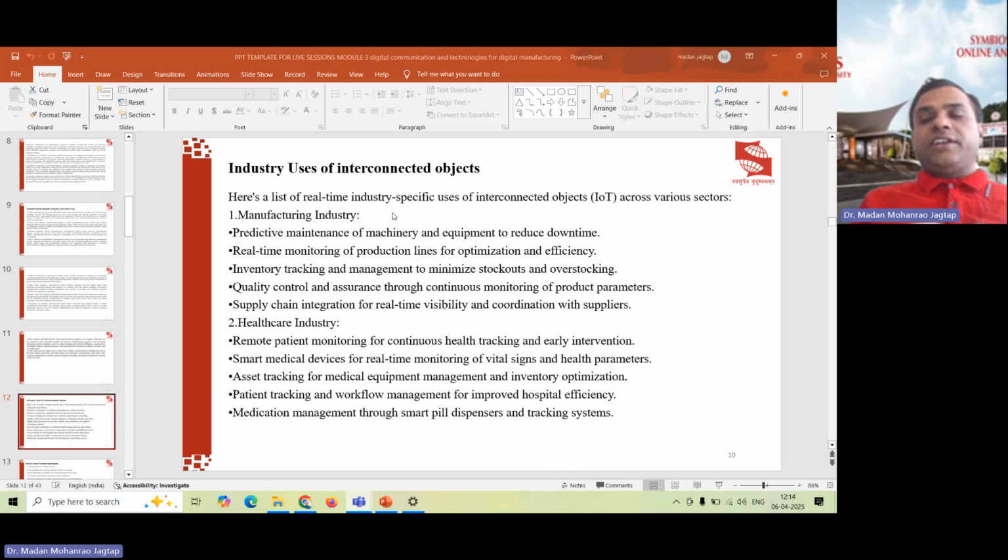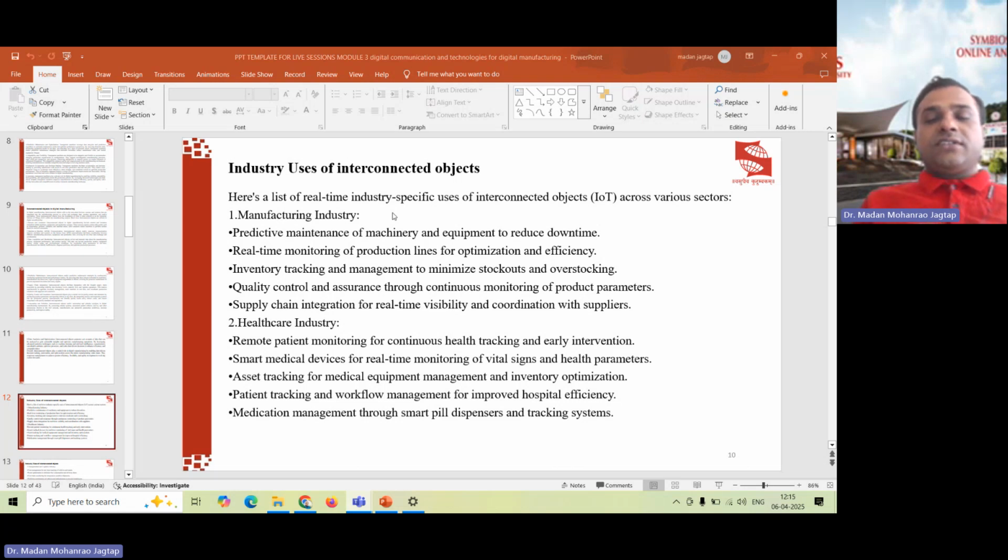Then in the healthcare industry: remote patient monitoring for continuous health tracking and early intervention, smart medical devices for real-time monitoring of vital signs and health parameters, asset tracking for medical equipment management and inventory optimization, patient tracking and workflow management for improved hospital efficiency, and medication management through smart pill dispensers and tracking systems.